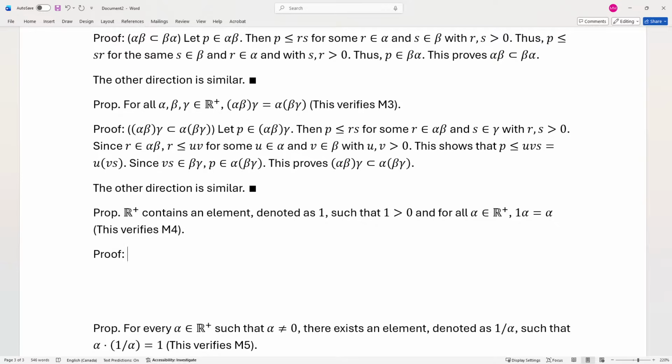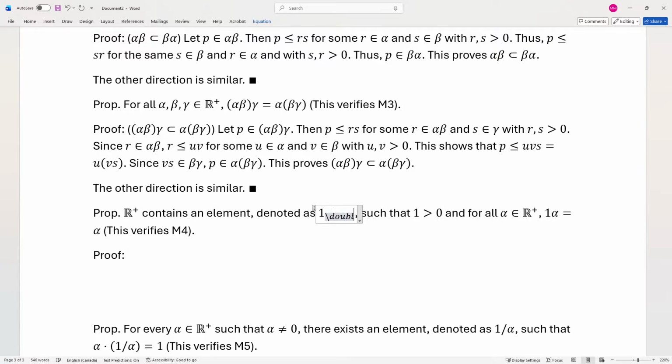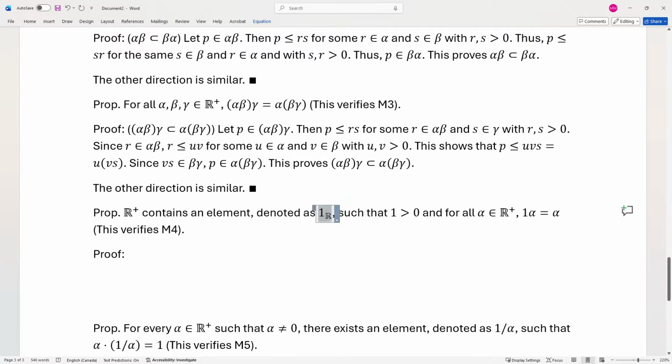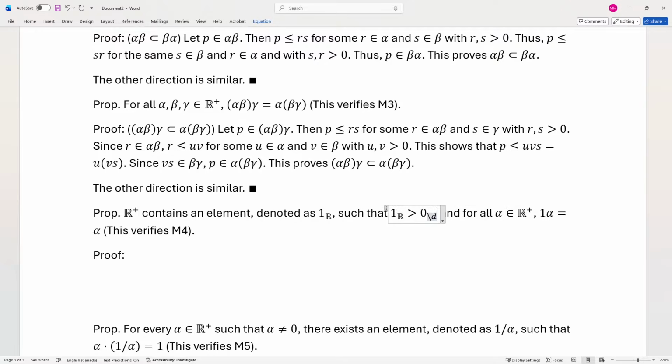For this question, we're going to denote 1 with a subscript r, because I don't want to confuse the 1 as a rational number and 1 as a cut.